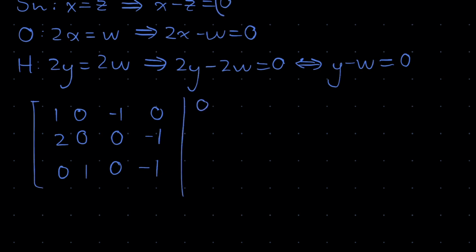And the constants are all zeros. And let me just put that in a different color to make this look more vibrant. And notice these rows correspond to what we have over here. The tin, the oxygen, and the hydrogen.